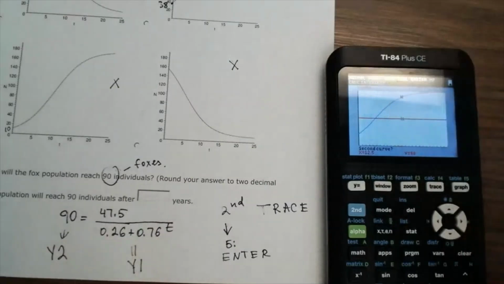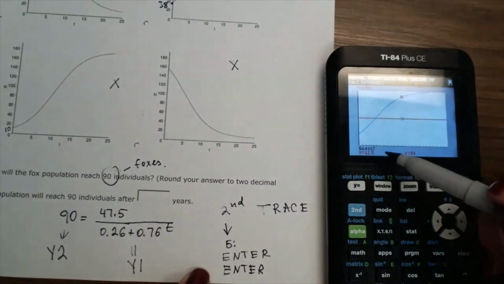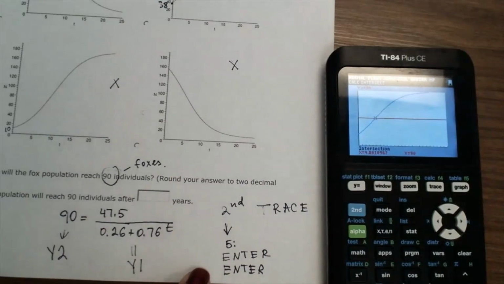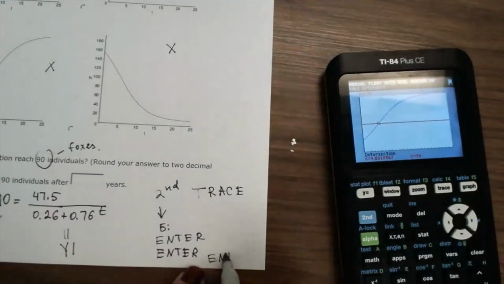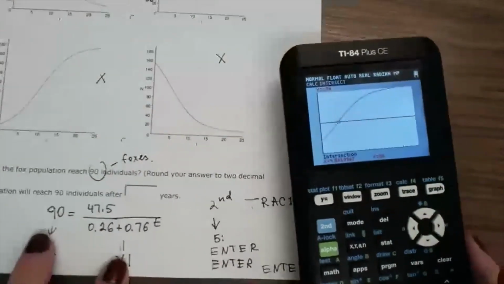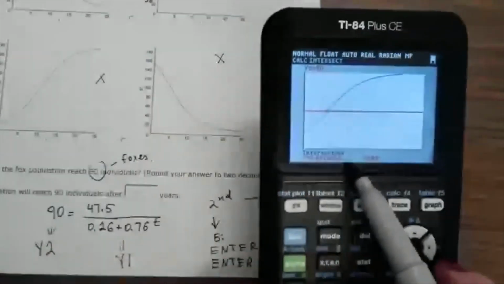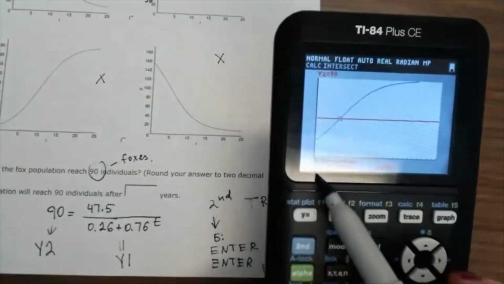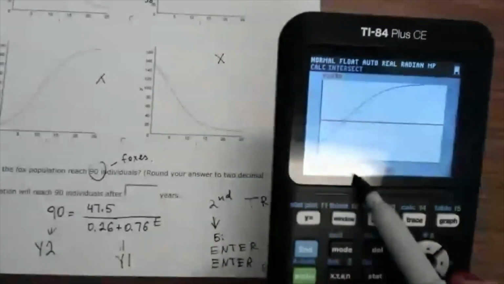Y equal to 90, yes, it's correct. Enter. Then it will be guess. It's okay. Press enter. And finally, you see the word intersection on your calculator, and it's 4.8010967.